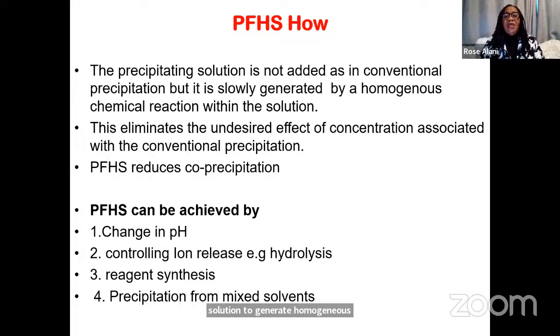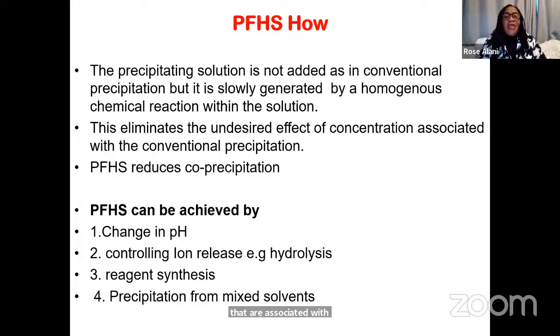So you add the precipitant slowly. Then this eliminates the undesired effect of concentration that are associated with conventional precipitation.